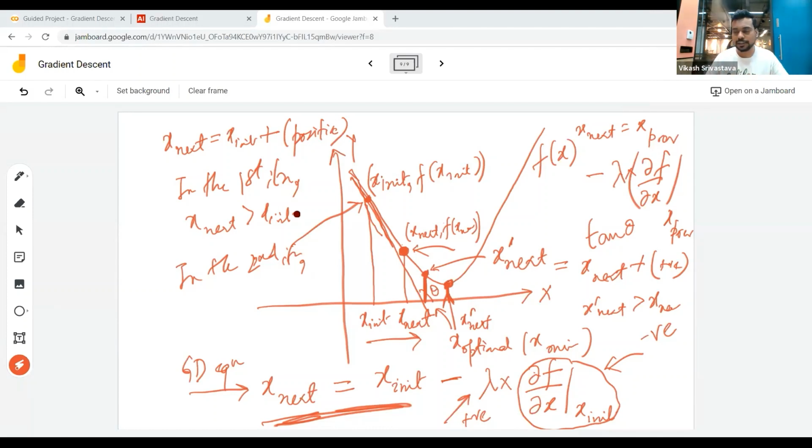So to summarize in layman's terms, we'll start at a particular starting point. Okay, we don't know where the minimum of the function will be, right? So we'll start at a random point. Now I need to find the next x where I'll need to descend to, right?